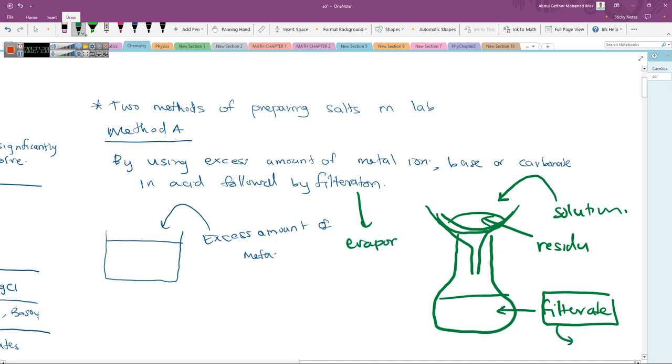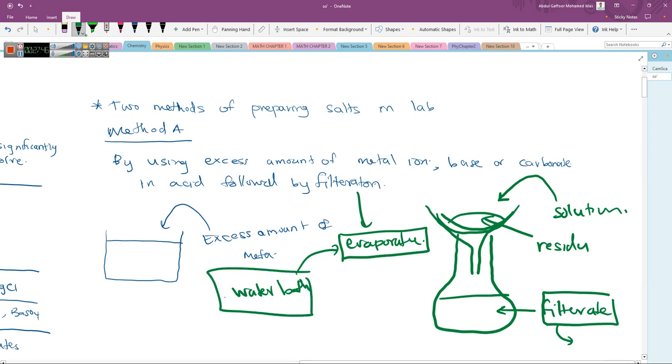We will use an apparatus called a water bath, right? We will not directly heat the solution because it should be evenly heated. So we will see the procedure later on.